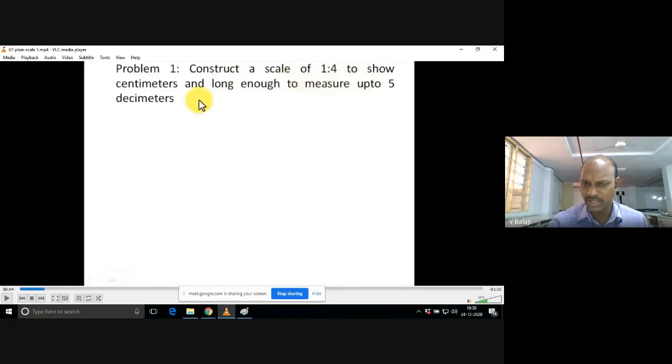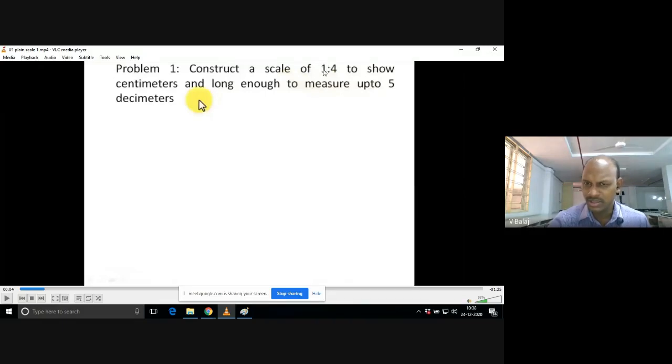Am I clear? Can I explain once again? Actually, the road length is some 4 kilometers. I am assuming it is 1 centimeter on the drawing sheet. That means drawing size is 1 unit, centimeter or kilometer, whatever it may be.